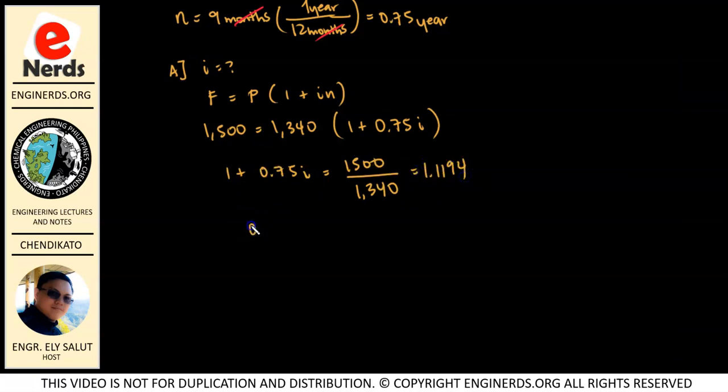So for 0.75i, I am going to transpose this 1. It will be 1.1194 minus 1, which is 0.1194. We just subtract this 1.